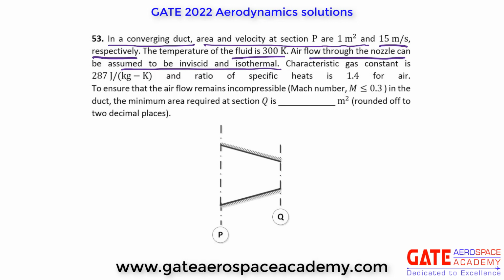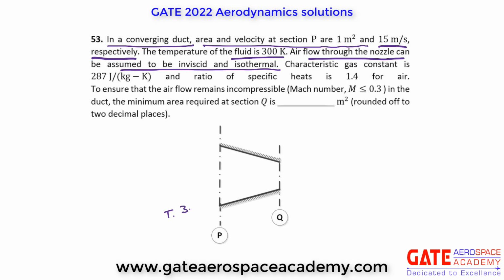So this side temperature is 300 Kelvin and here also temperature is 300 Kelvin. Characteristic gas constant is 287 joule per kilogram Kelvin and ratio of specific heats is 1.4 for air.